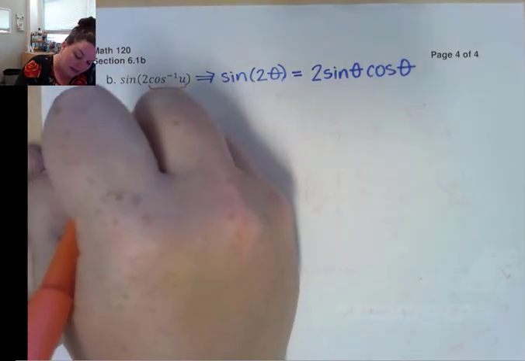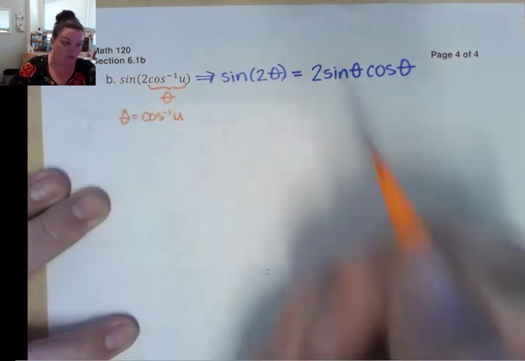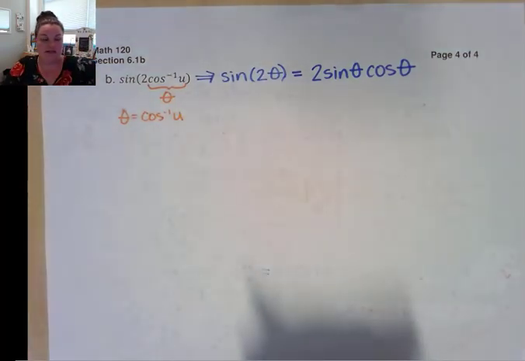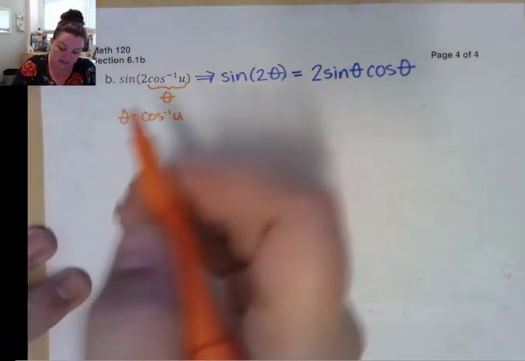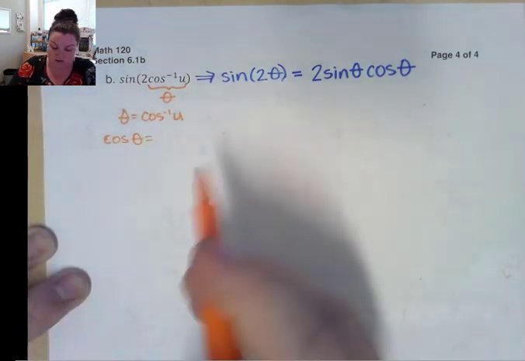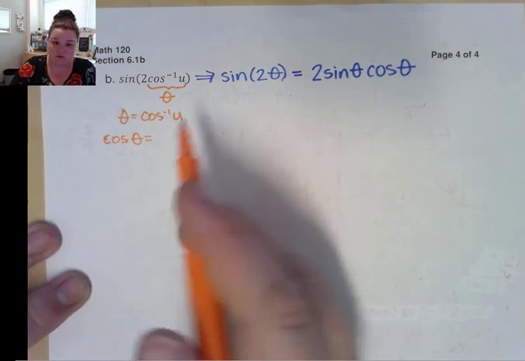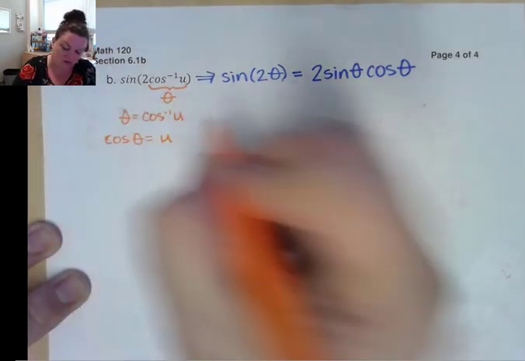So theta is equal to cosine inverse u. And to get rid of the cosine inverse, we're going to take cosine of both sides. So cosine of theta is just going to be cosine theta. Cosine of cosine inverse u, cosine and cosine inverse will cancel, and I'll just be left with u.